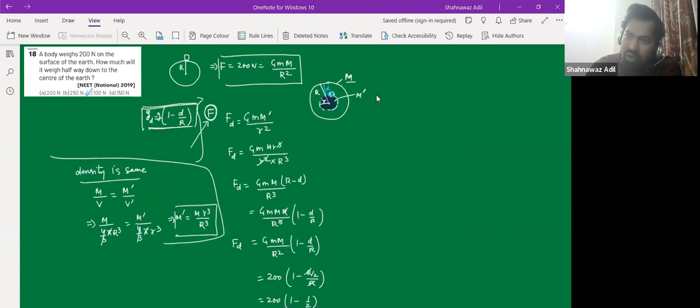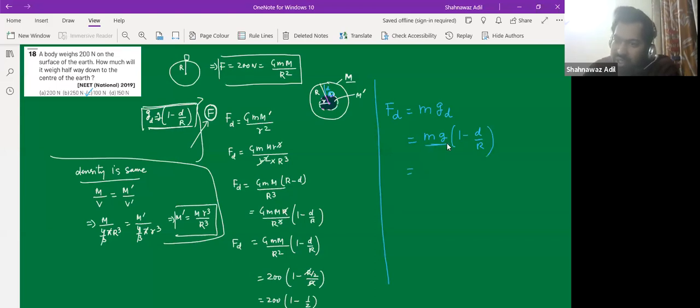We can also directly use this thing because we know that F at depth would be mass and g at depth. This is m, g depth is g, 1 minus d by R. This would be direct. And we know that this value is 200, that they have already told us, right?